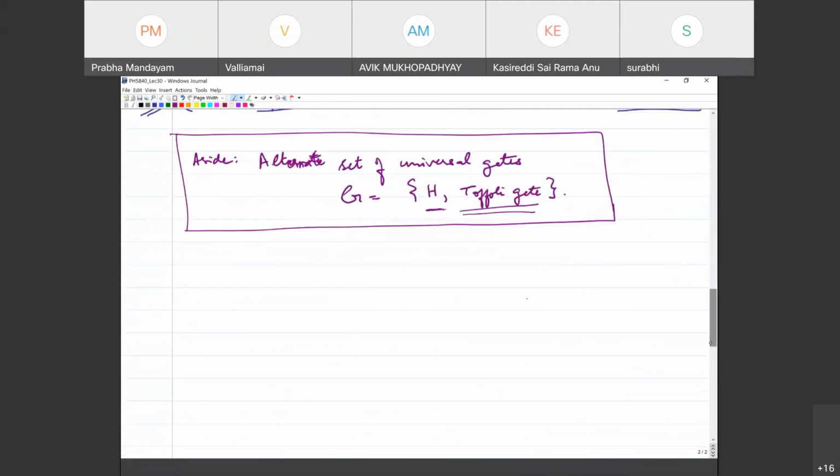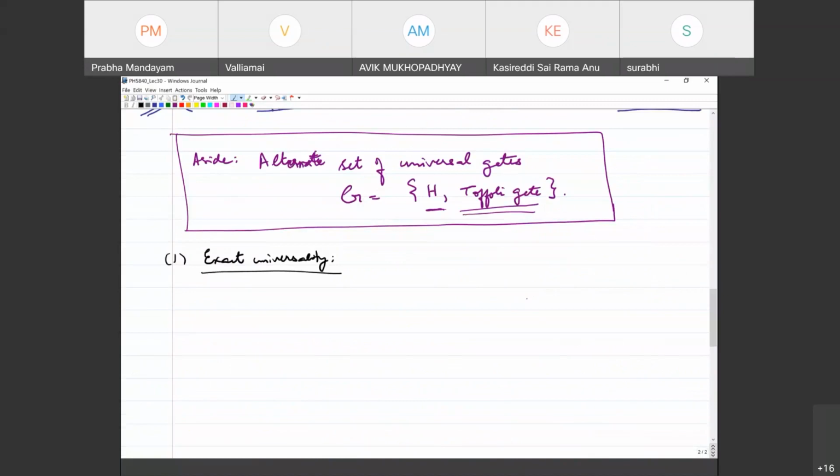Fine. So let's just go over this first part of the proof, which is the exact universality part, right? Because that already reduces the complexity of the problem enormously.